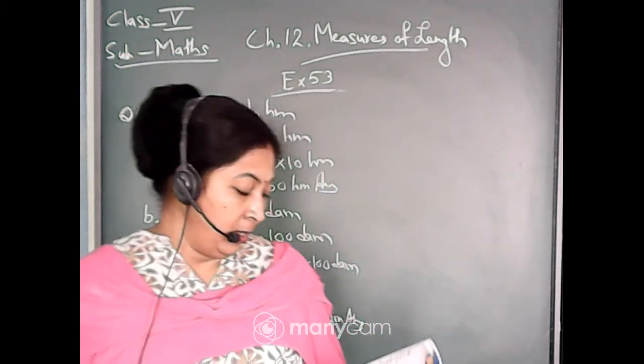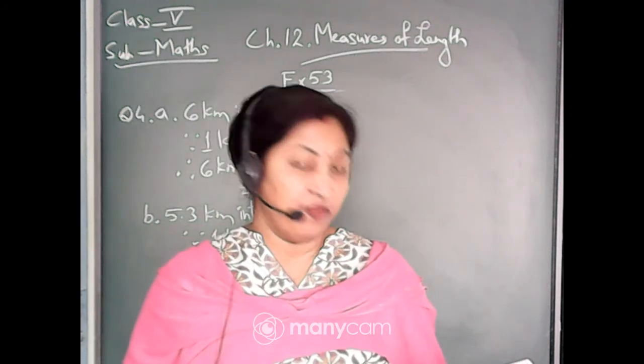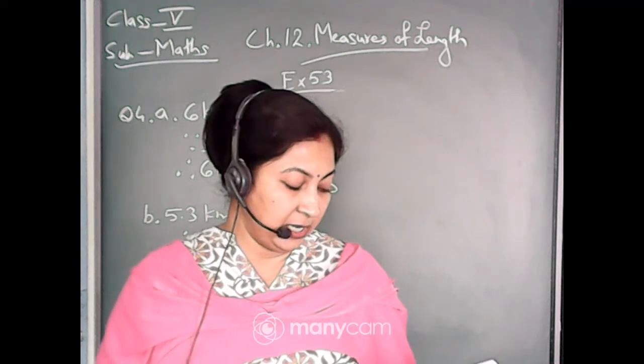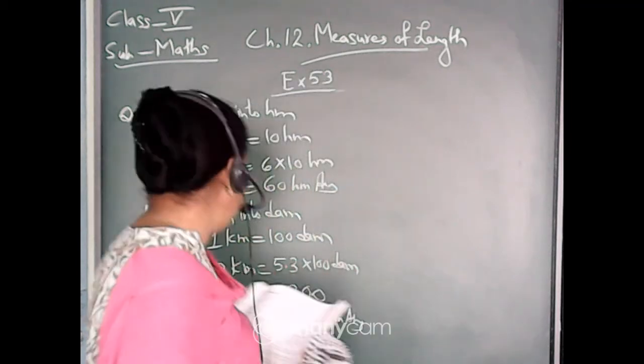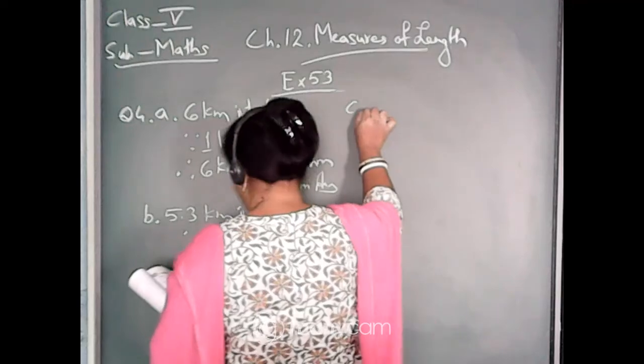Okay. Now come to number C. 4.63 kilometer into decameter.